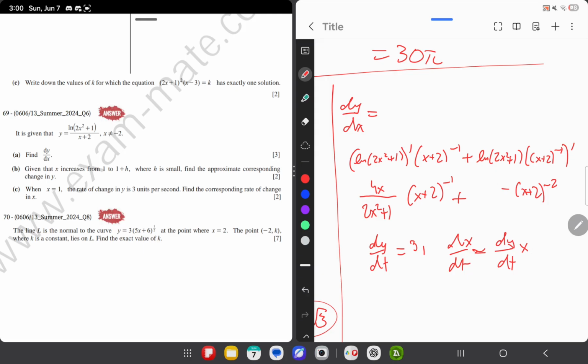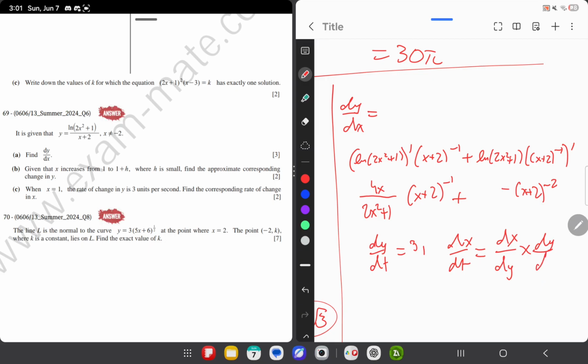We know dy/dx. If you swap dy/dx, what do we get? dx/dy. And we can get dy/dt.